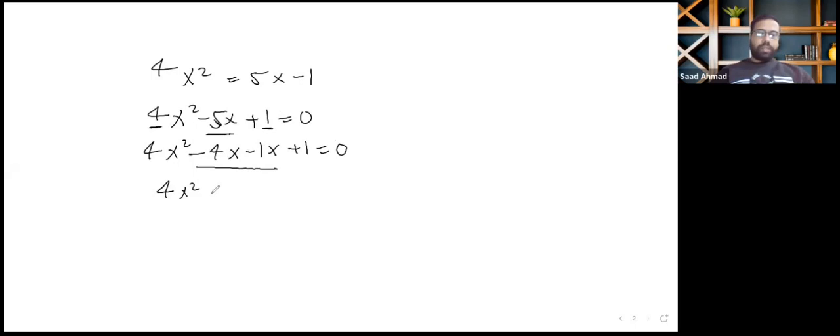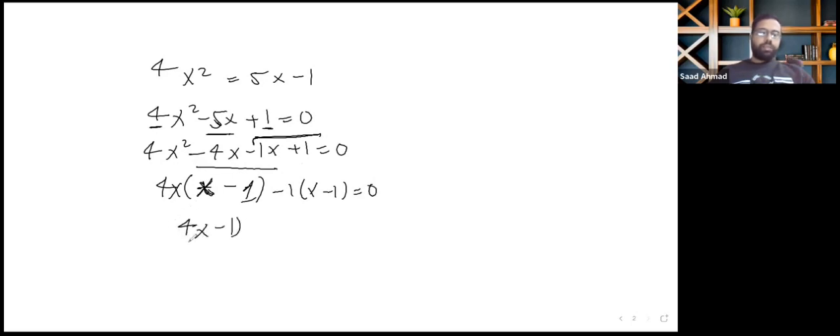So we take out 4x as a common factor from these two. It will give us x minus 1, and then we take -1 common from these two. It will leave us with x minus 1. So we get 4x minus 1 and x minus 1.